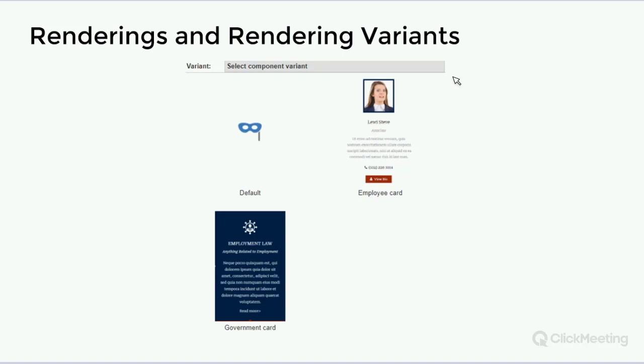So do I want to use the employee card, or do I want to use the government card? And basically, the content editor is very easily going to see what kind of content they're going to end up with. And with the manipulation from the rendering variants, you're going to be able to show and hide what you want to show and what you don't want to show.